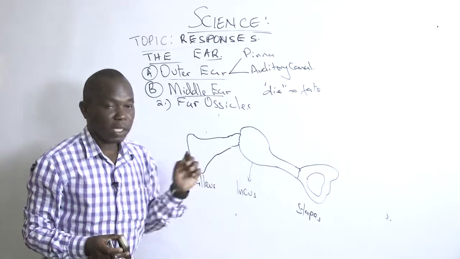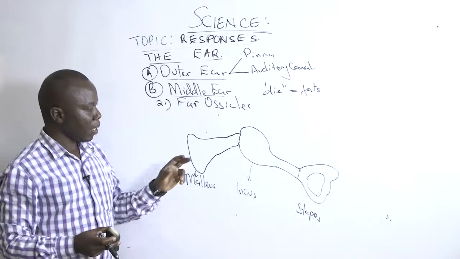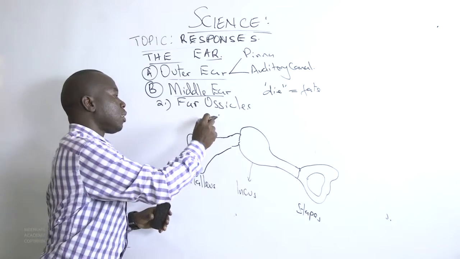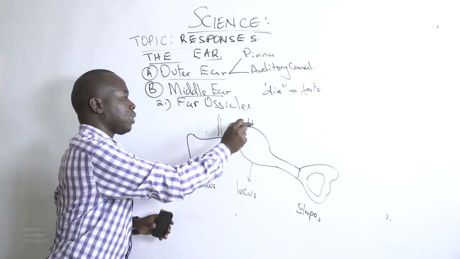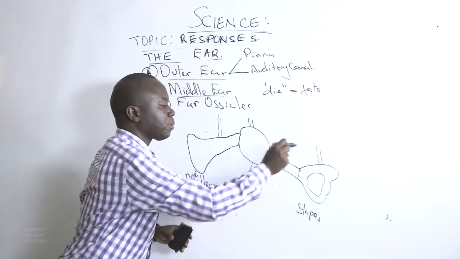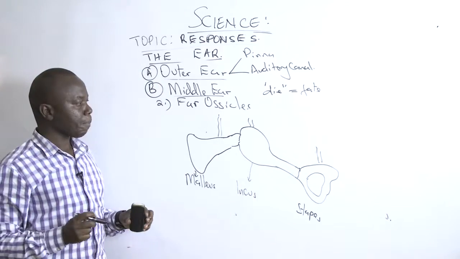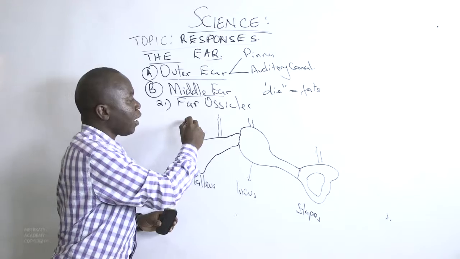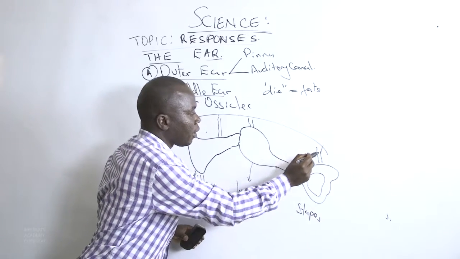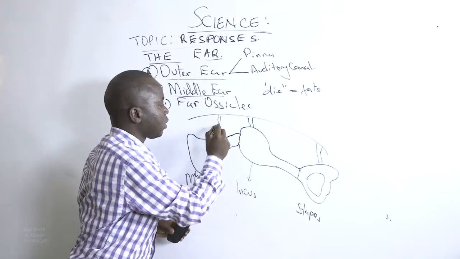They are connected to each other by suspensory ligaments. But now, each of these is suspended in the middle ear by some structures.